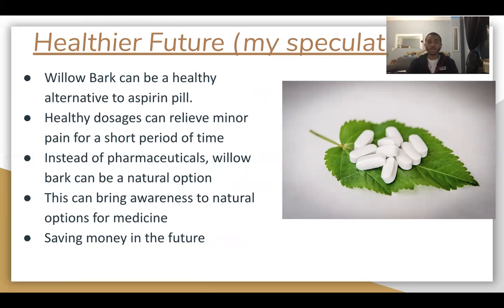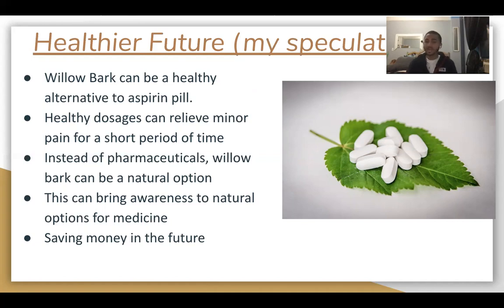So if you take healthy doses, you can be relieving your pain in a healthy way, because you can make teas or rubs, or naturally find a way to help with your inflammatory problems, and it won't put too much stress on your stomach.